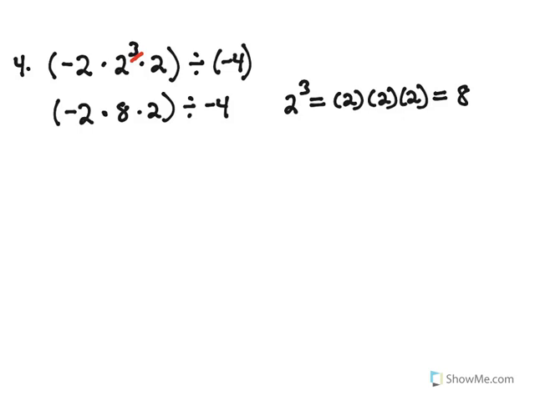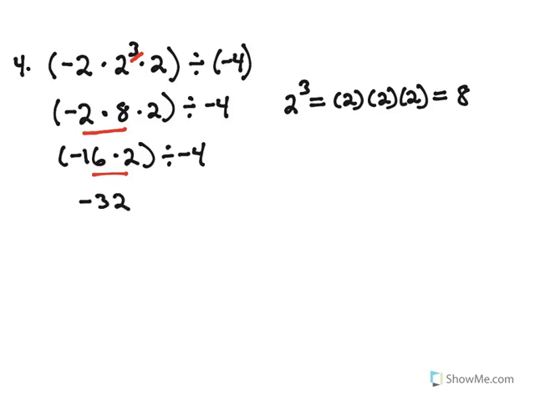All right, and then when we look inside the left set of parentheses, this is all multiplication from left to right, so I'm going to multiply these two. Negative 2 times 8 is negative 16. And then just continue multiplying these two. And then that's going to be a minus 32.